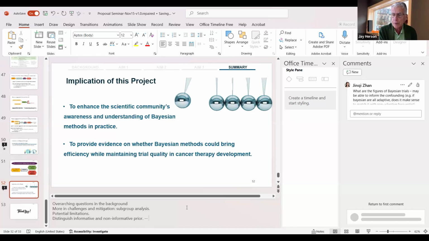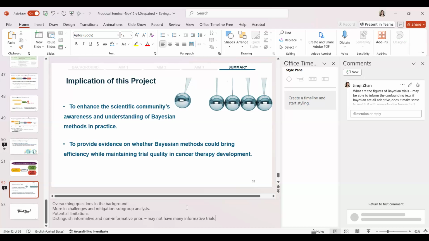So non-informative is also conservative. I'm not sure you're going to find many informative priors in the literature, but good luck with it if you do, and if you don't, then you just don't include that. It may be good because most of them are non-informative. It makes for a better comparison.